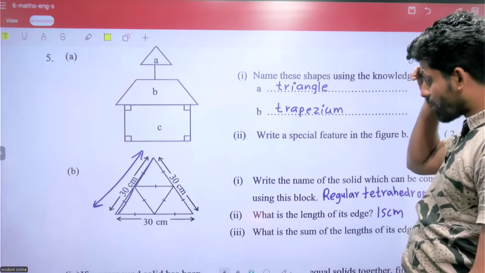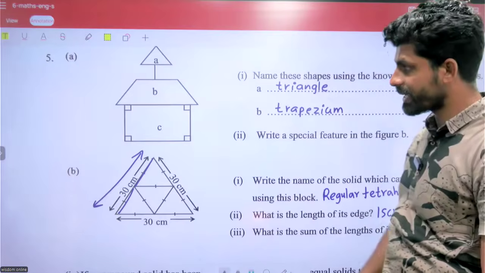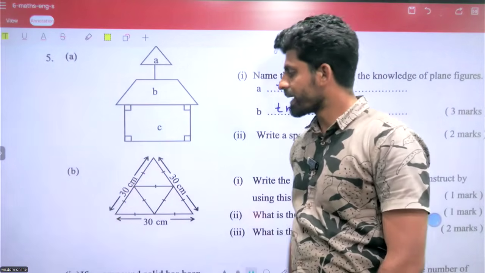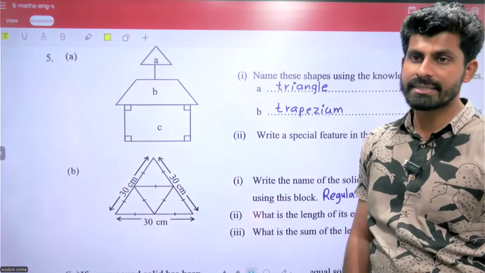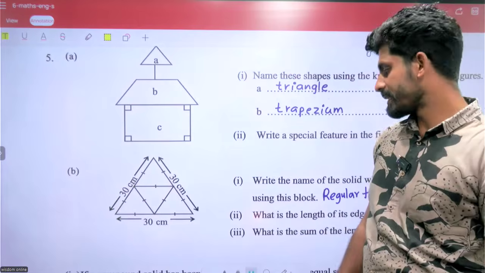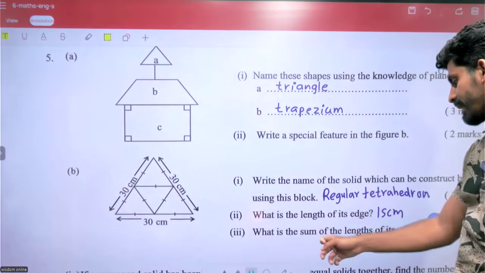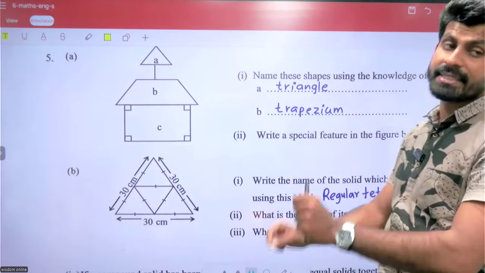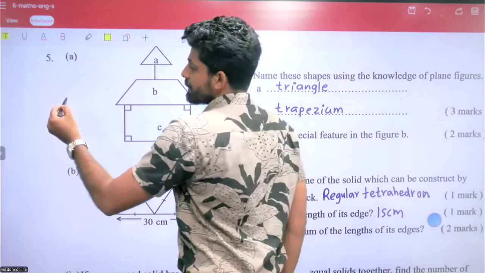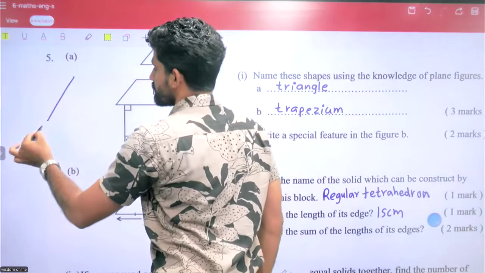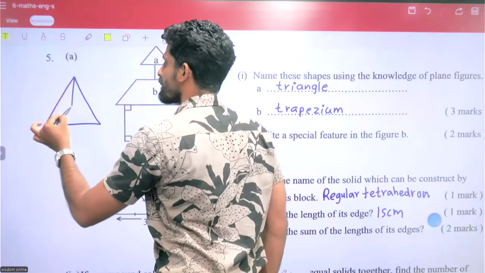So what is the sum of the length of edges? How many edges are there? Just quickly count the edges, right? Let's count the edges. How many edges are there? What is the sum of the length of its edges? This is the figure, right?